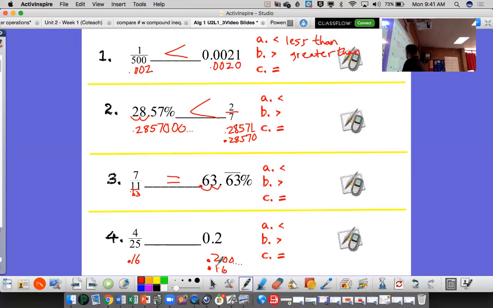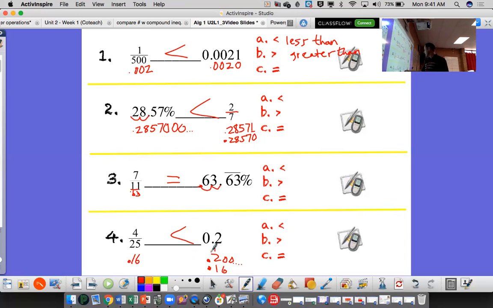It doesn't need to even show that. Right here, the 2 is bigger than the 1. So 0.2 is bigger than 0.1. So it doesn't matter. That's the bigger number. So we want the bigger open end to eat the bigger number again. Okay? So watch out. Line up your decimal points. As soon as you have an ability to differentiate between one being bigger than the other, it's a done deal.